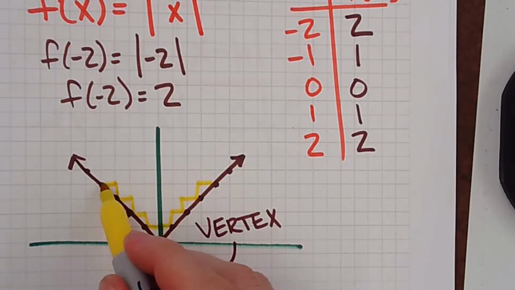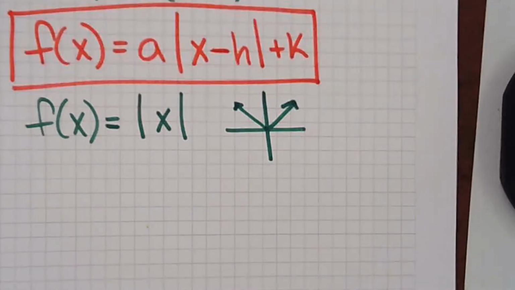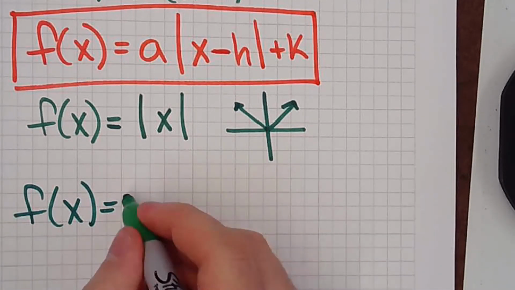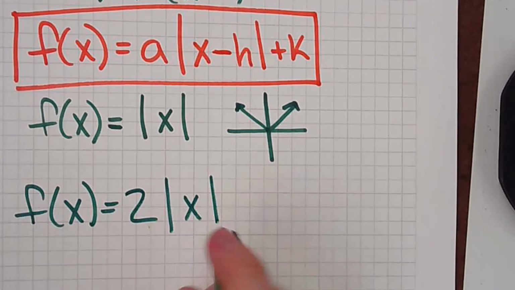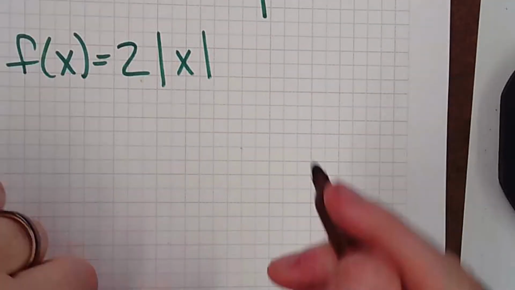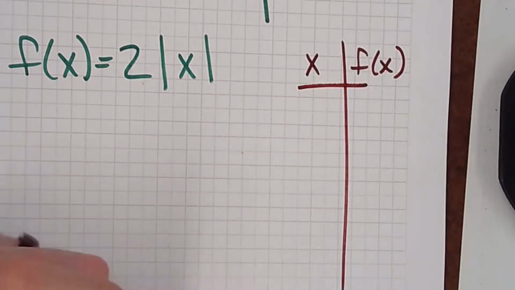So if I change that value in front, let's talk about this graph. f of x equals maybe 2 times the absolute value of x. Notice the 2 is on the outside of the absolute value symbols. If I were to graph that, plug in some points and see what happens. Let's do -2, -1, 0, 1, and 2.